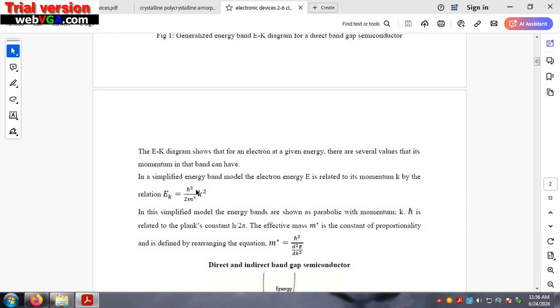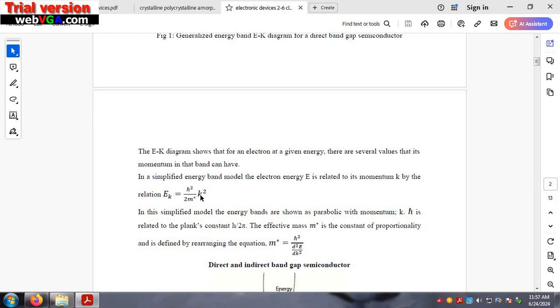equal to ħ squared, where it is not h squared, it is the reduced Planck constant, h being the Planck constant, divided by 2m*. m* again is not m, the mass of the electron; it is m*, which denotes the effective mass, times k squared.